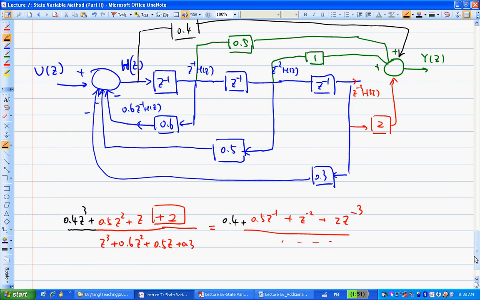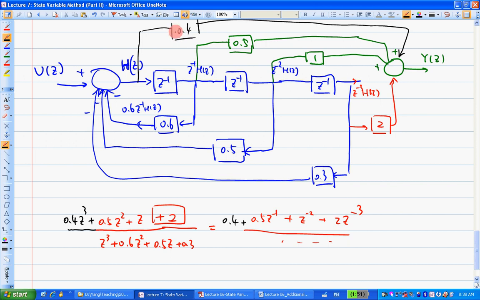Okay, so now we've got this simulation diagram here. Let's derive the state space equation based on the simulation diagram. It's a little messy because I've got two things inserted here, so let's derive it based on the original one, with no 2, no 0.3, no 0.4.